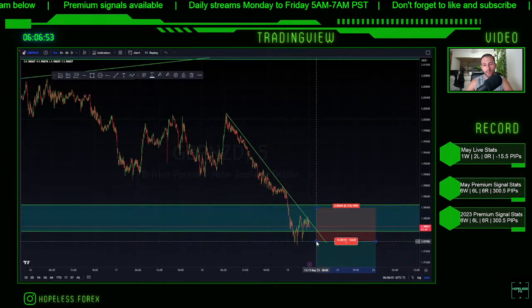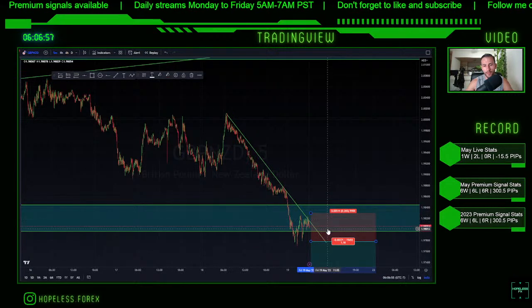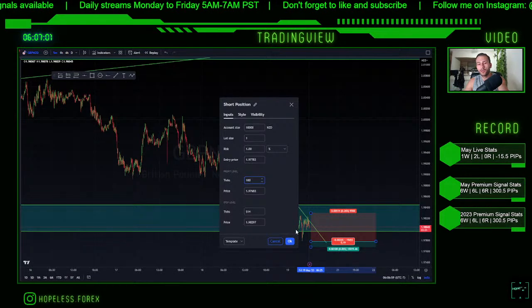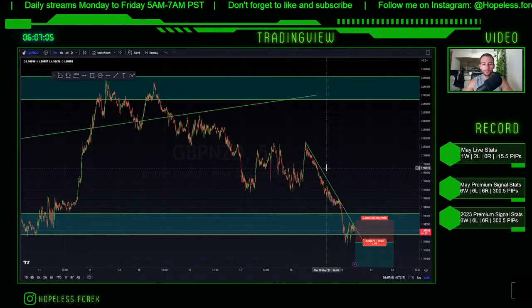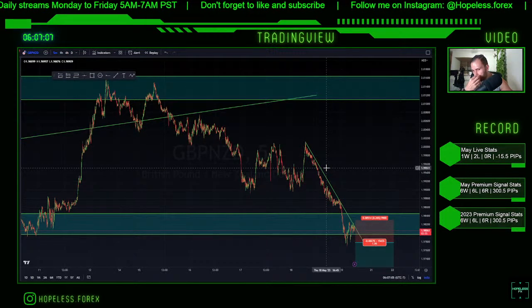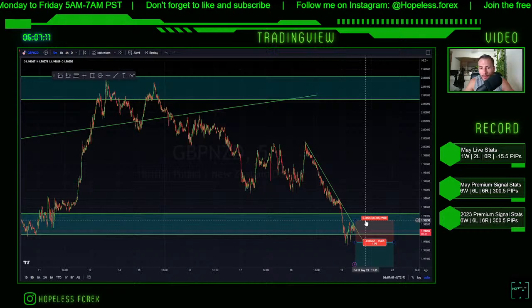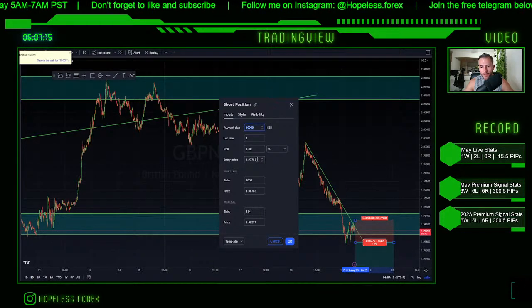So as price comes down, get into a sell, put the stop above here, target 2 to 1. But where are we at? What is it? The entry is 78.